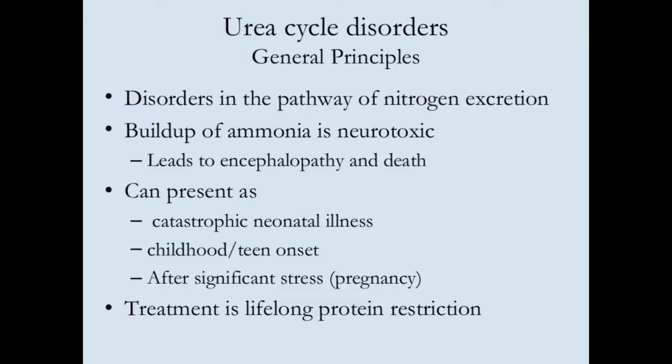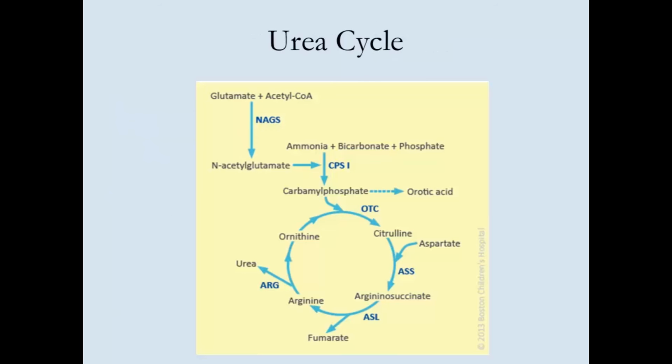So just to go back and show you, if you have obviously a defect here in this enzyme OTC, you're going to get very little of what's upstream, so you get very low citrulline, which you then may need to supplement them with.